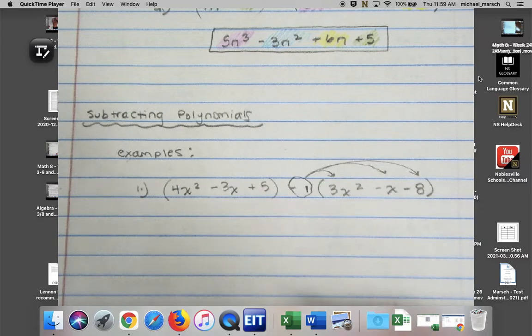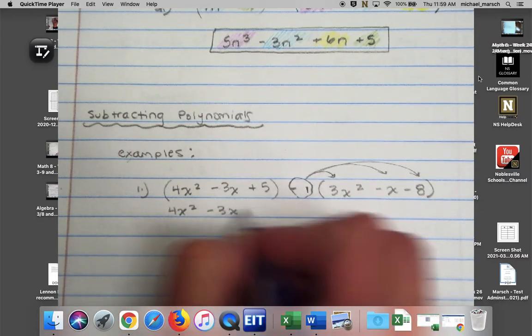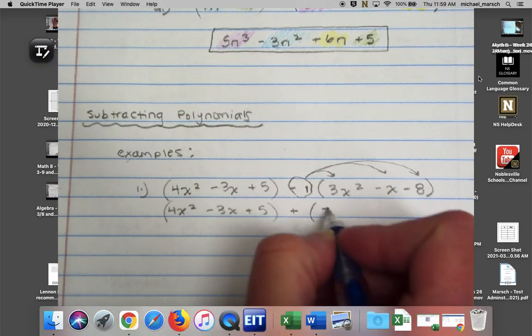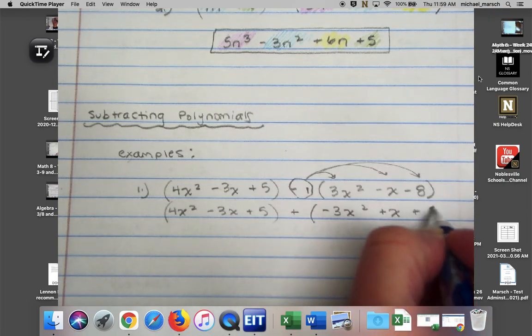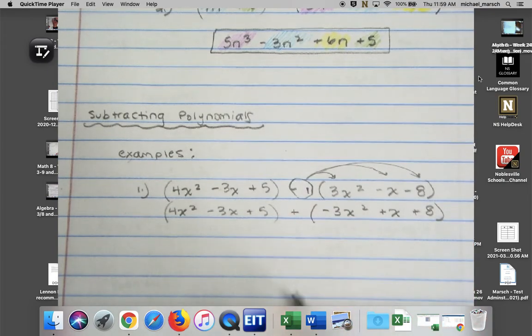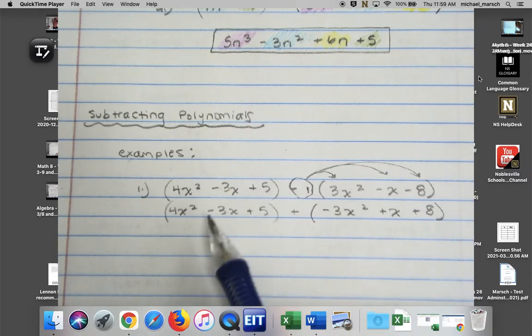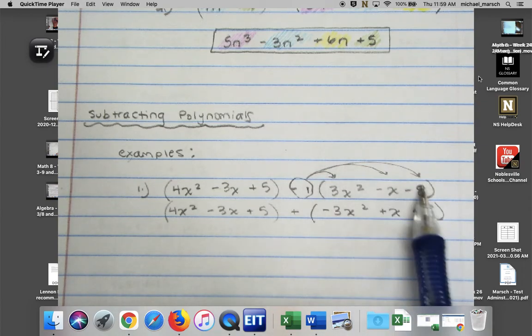So now what you're going to have is 4x squared minus 3x plus 5 plus negative 3x squared plus x plus 8. So you're basically changing it from a subtraction problem into what we were doing with adding, but before you can do that you have to distribute that negative 1.